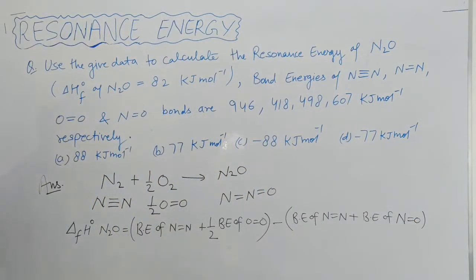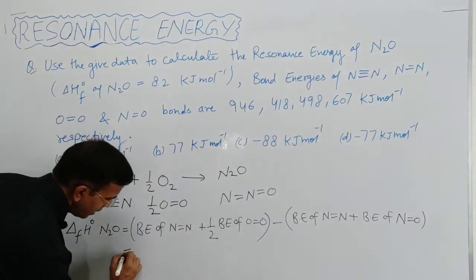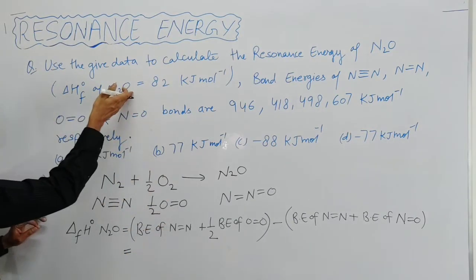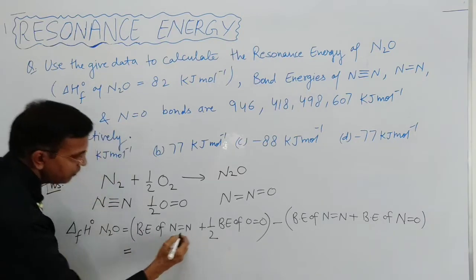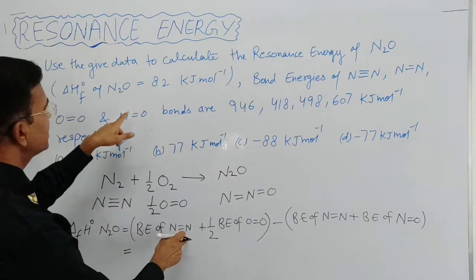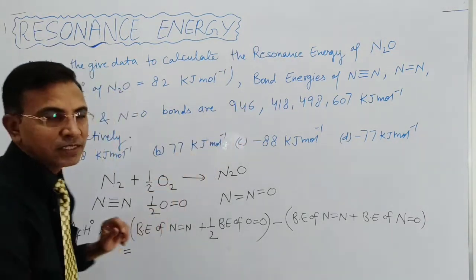So beta, here if we put the values which are given in the question, then it will be bond energy of N triple bond N, it is given here 946.